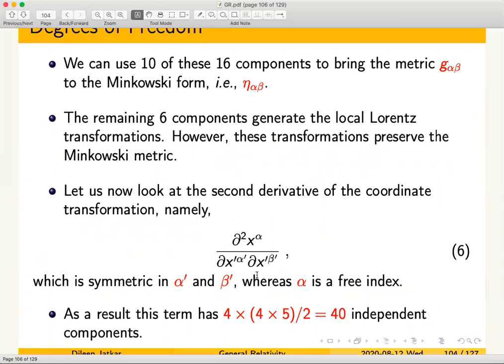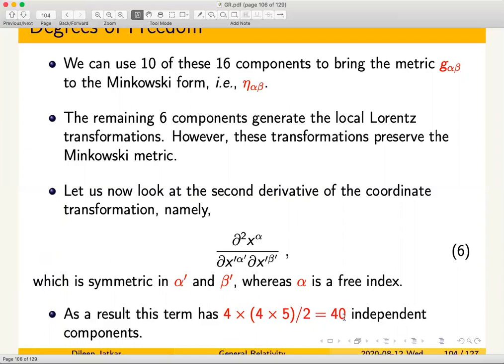In fact, it's a totally different index. So what we learn is alpha would take 4 values, whereas alpha prime beta prime is symmetrized, so it should take 4 into 5 by 2 values. So this expression totally has 40 components.